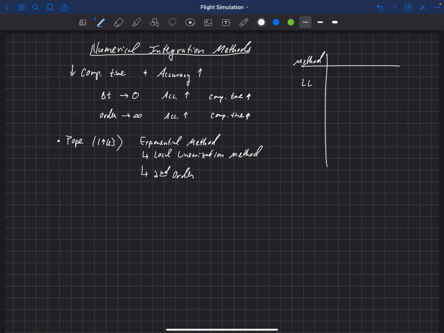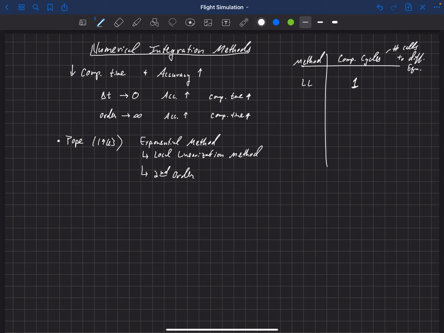We're going to call the number of computational cycles the number of calls to the differential equation. That's what we're going to call computational cycles, and it only requires one per time step.